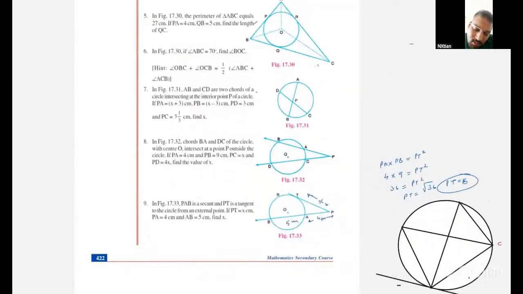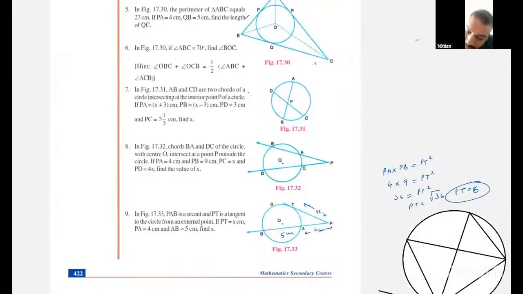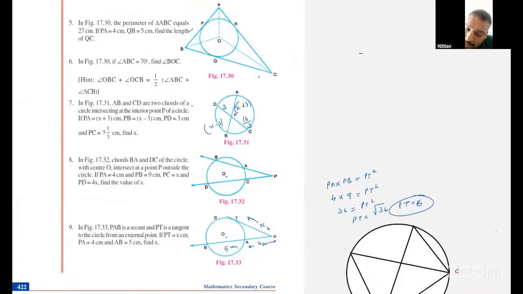In this we have PA is x plus 3, PB is x minus 3, PD is 3, and PC is 16 by 3. We have the relation PA into PB equals PD into PC, when chords meet inside.